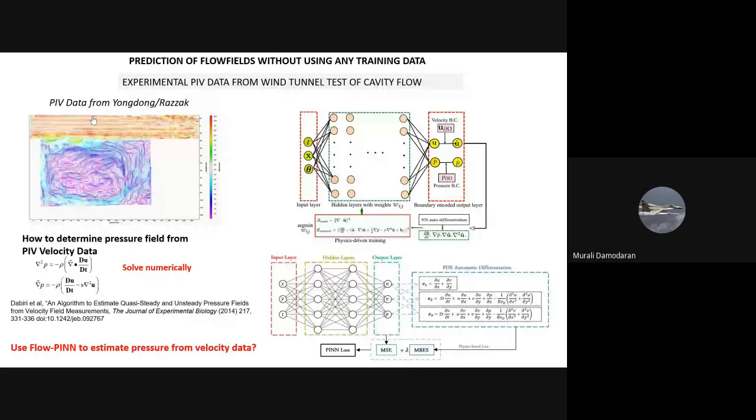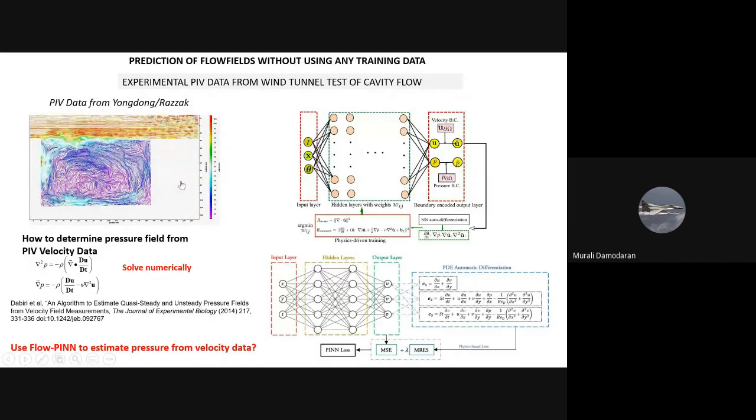So this one here is a PIV data from my colleague Yongdong and Razak. They are experimentalists. Suppose I have PIV data. This is very similar to what we talked about earlier in the pod, using the example from Professor Weiss. So how do you determine the pressure field from the PIV velocity data?